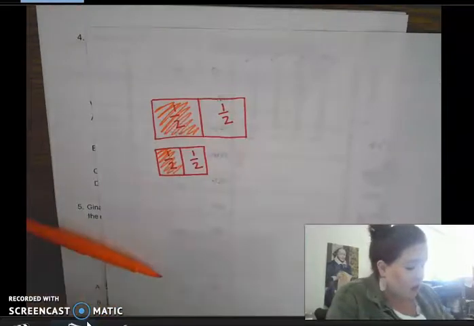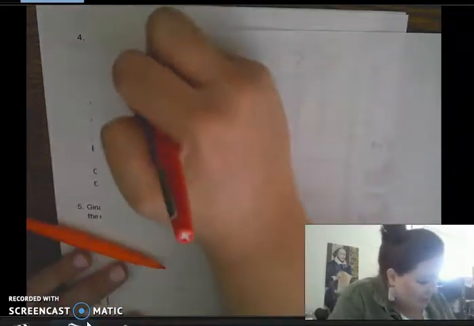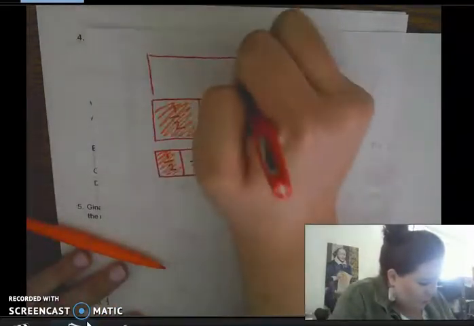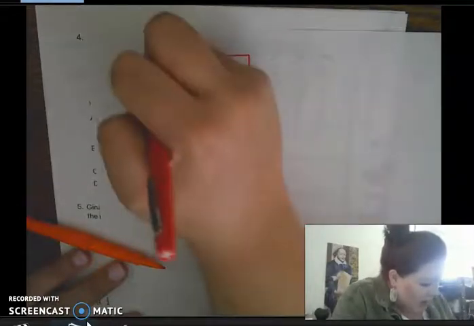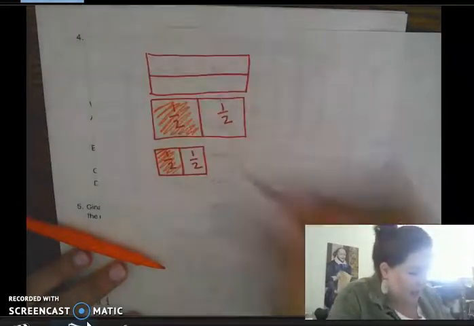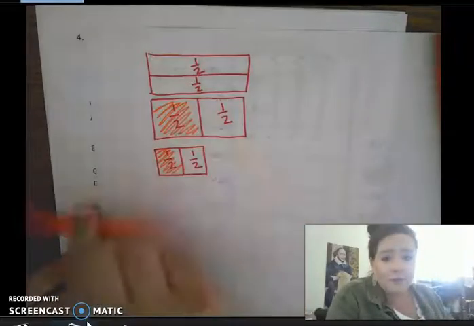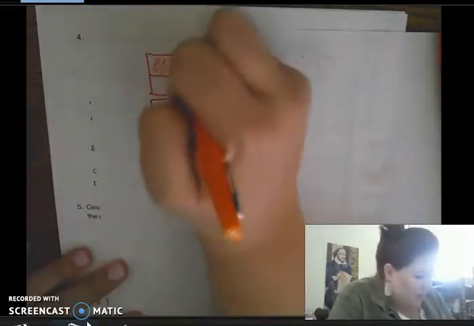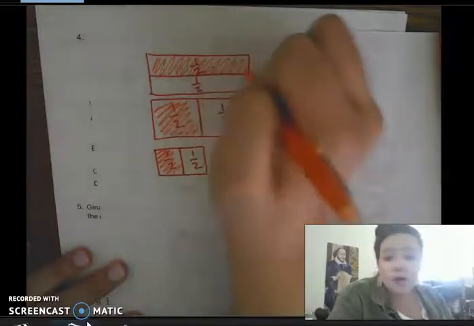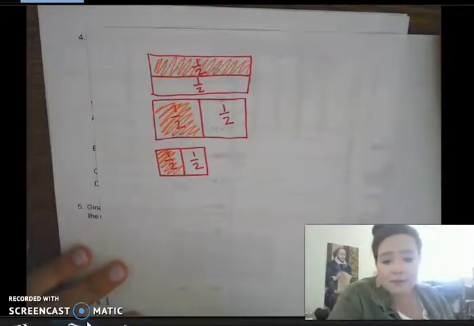Now, if your cake was the same size, all right, this is your cake now, and you just cut it this way. This is 1/2, and this is also 1/2, all right? And you ate this one. Did you and your cousin eat the same amount?